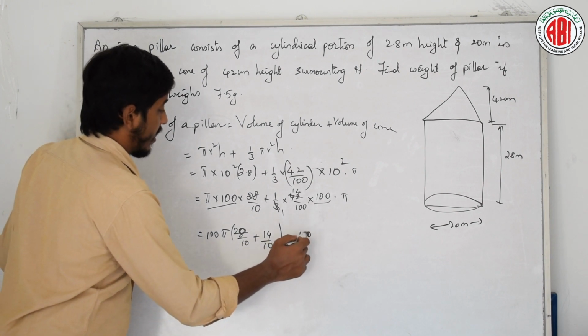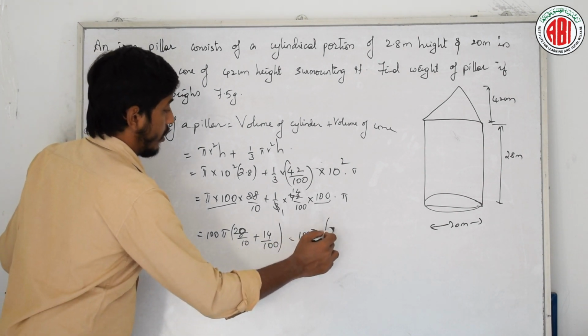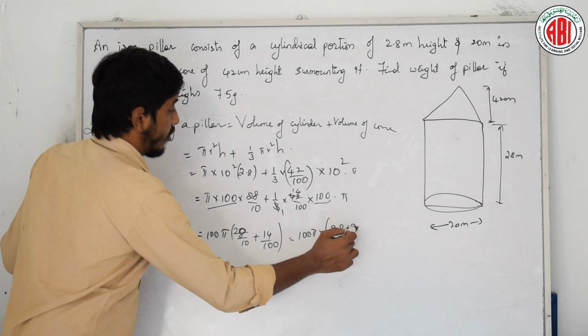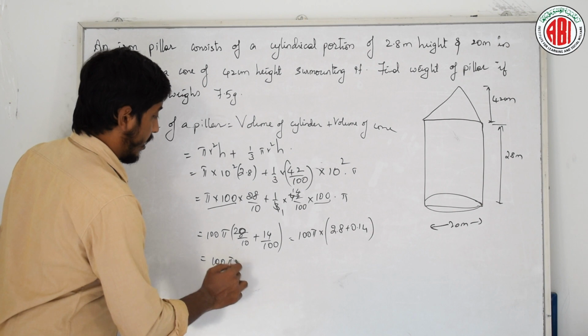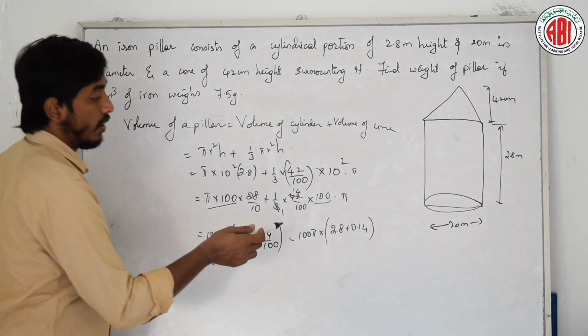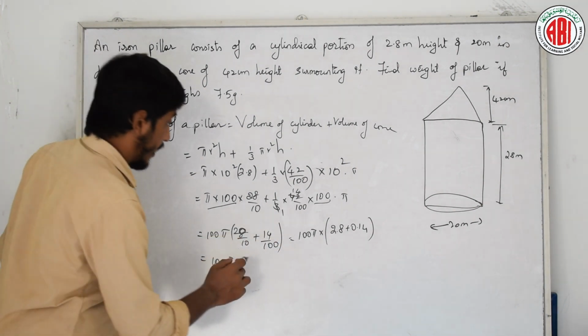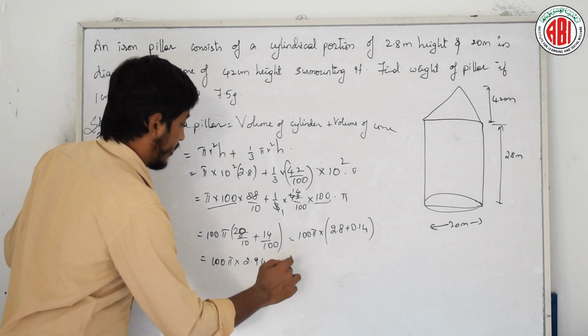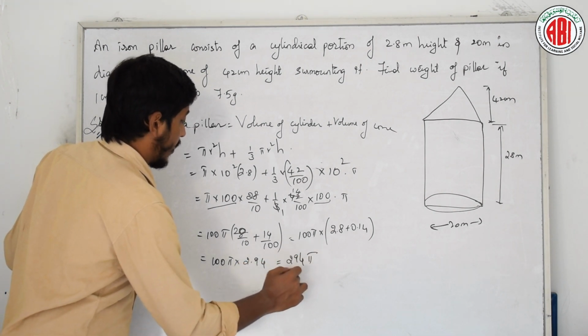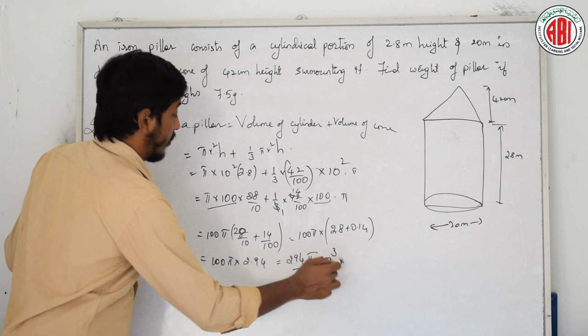That can be written as 100 pi into 2.8 plus 0.14, which is 100 pi into 2.94. Therefore, my answer is 294 pi cubic centimeter.